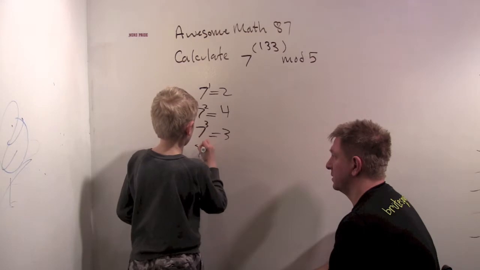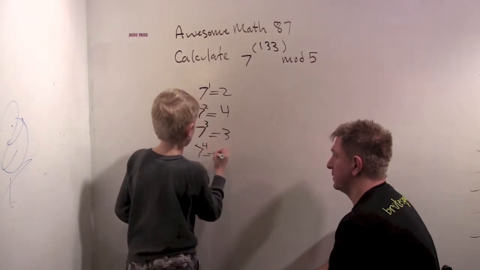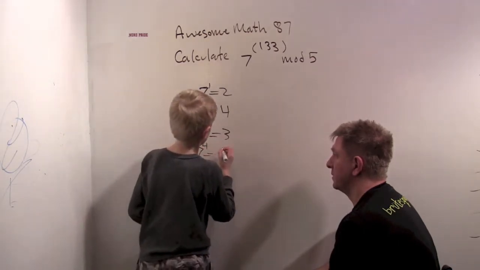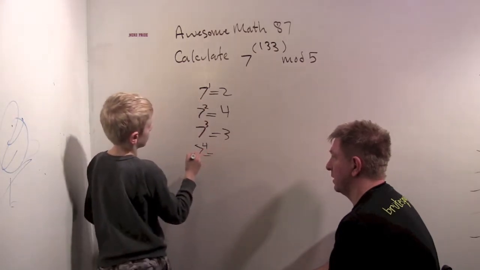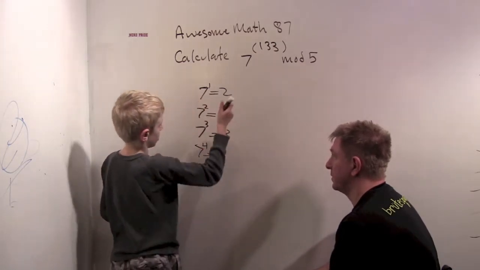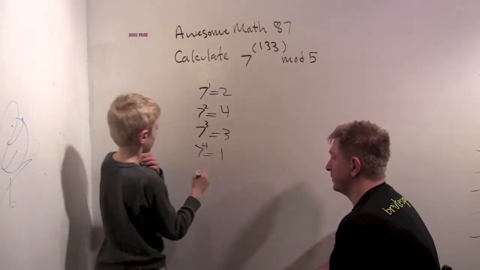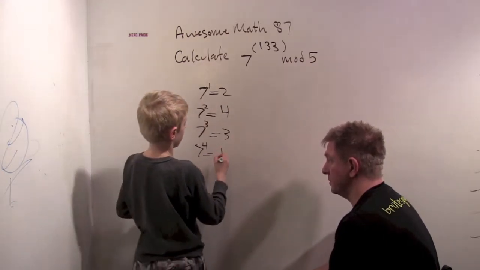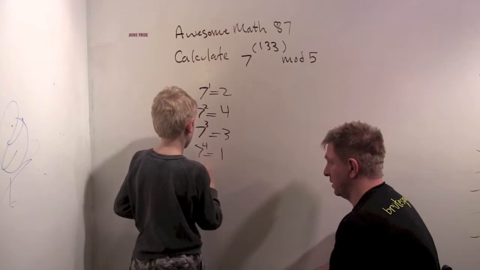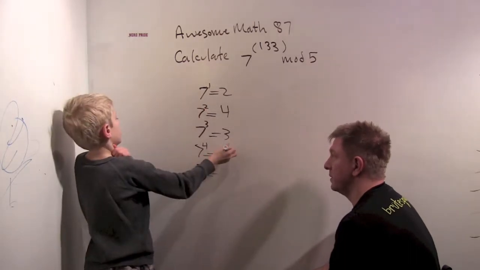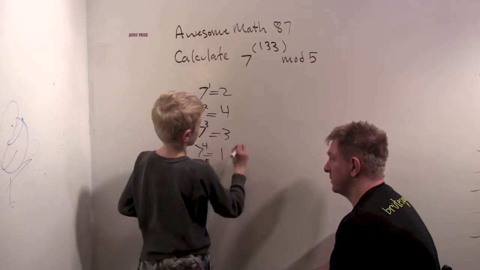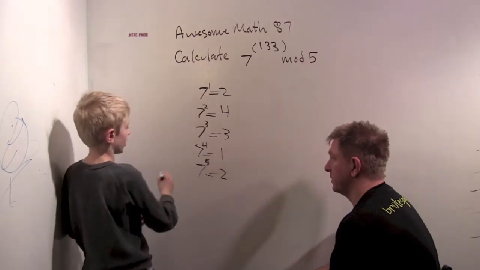And to the 4th, 7 times 3 is 21, so mod 5 it would be 1. And then 7 to the 5th, this is 7, and so 2, and then we're back.